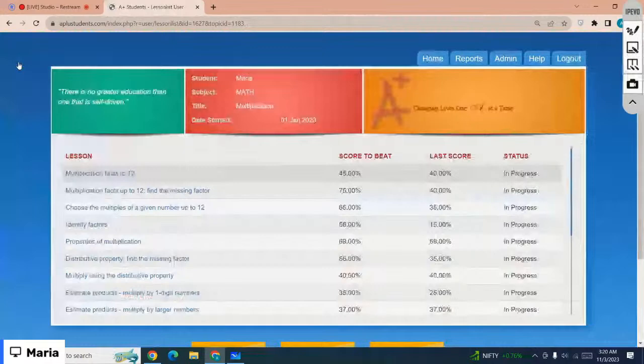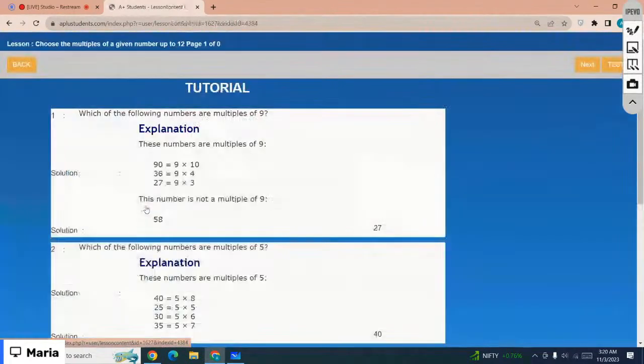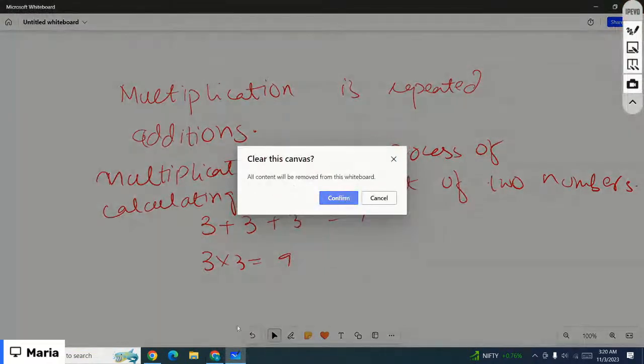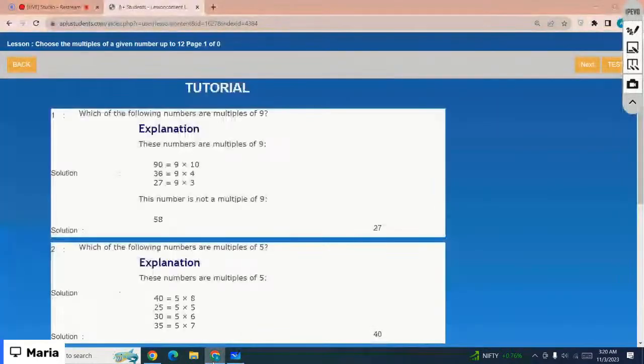Choose the multiples of a given number up to 12. So what are the multiples? What do you know about the multiples? For example, so what are the multiples?